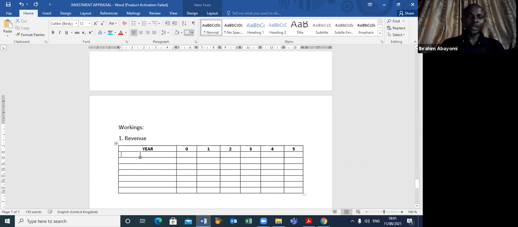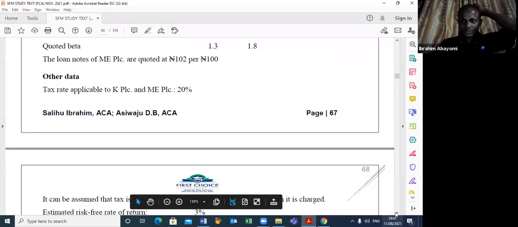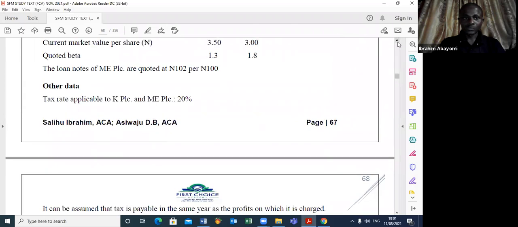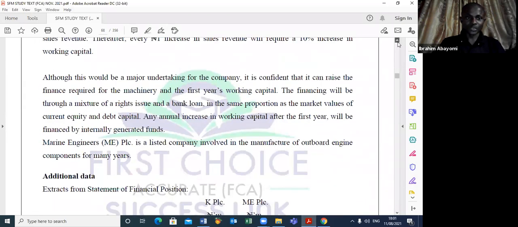My units sold. So I'm working in 1,000. I put it in 1,000. My unit is in 1,000. So let's go back to the units. Where do we have that information? Units produced and sold.